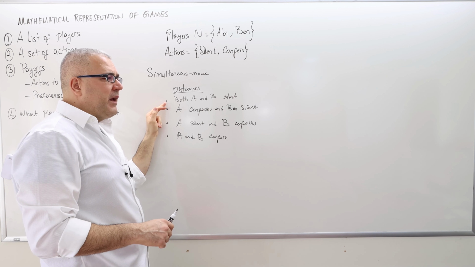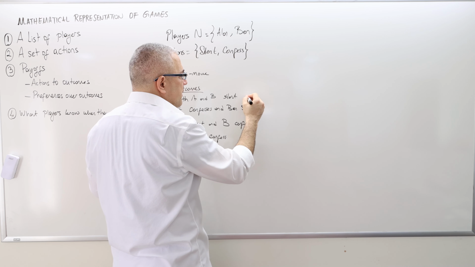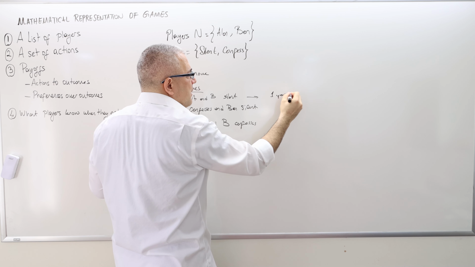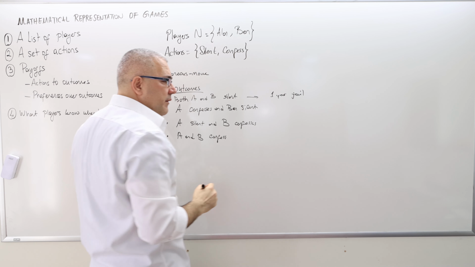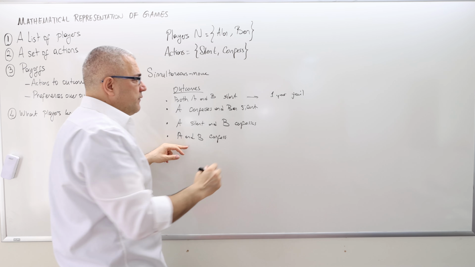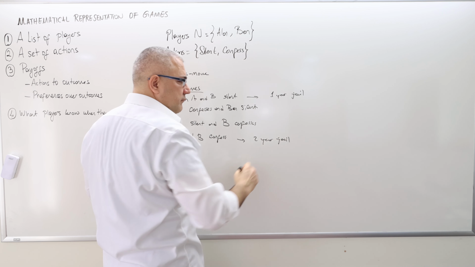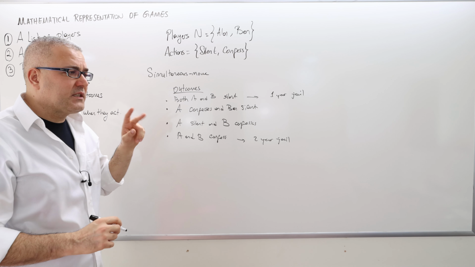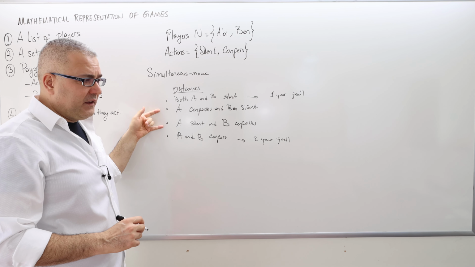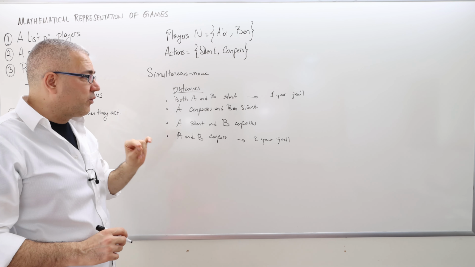So if they both remain silent, in this case, then they each go to jail for 1 year for grand theft auto. All right, so 1 year jail. Okay? If they both confess, each goes to jail for 2 years. 2-year jail. All right. If one of them remains silent and the other confesses, so these 2 scenarios, then the one who confesses goes free while the one who remains silent goes to jail for 4 years.